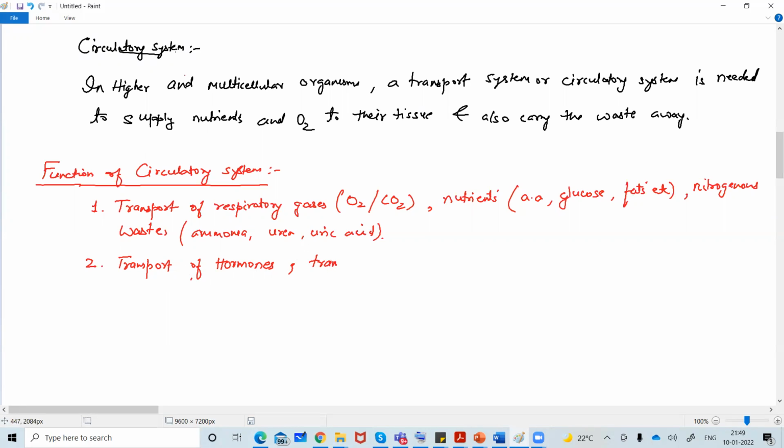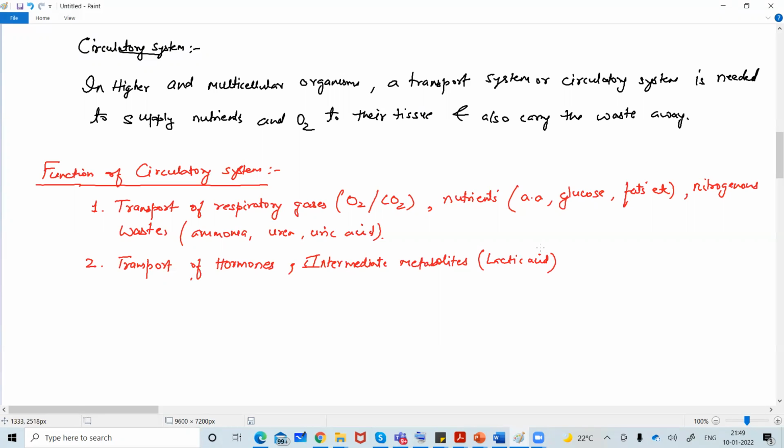That also helps. And when we say intermediate metabolite, an example is lactic acid.